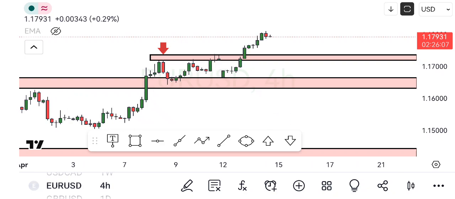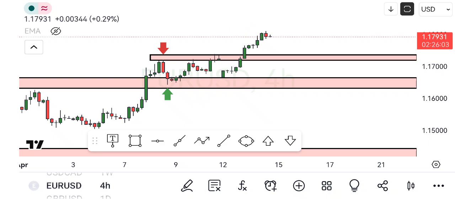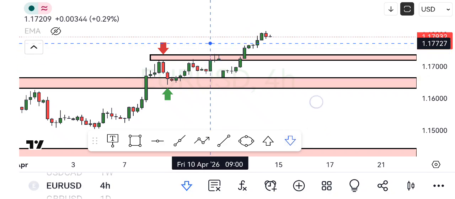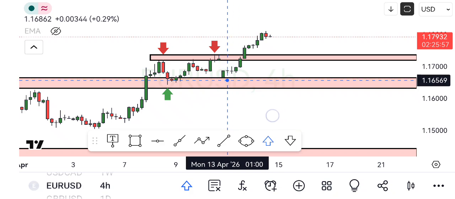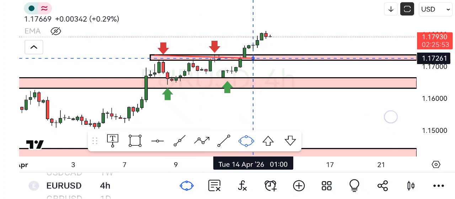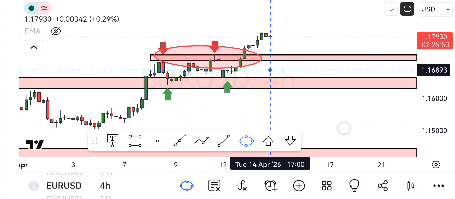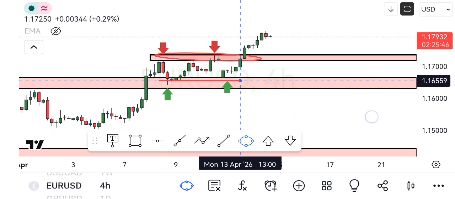Okay, a resistance. Now we have support, resistance, and support right here. So I will be focusing on these two areas. This first area, and then lastly, this area.